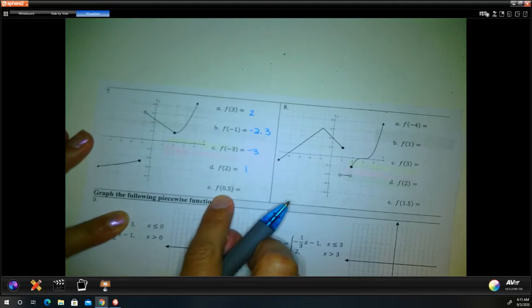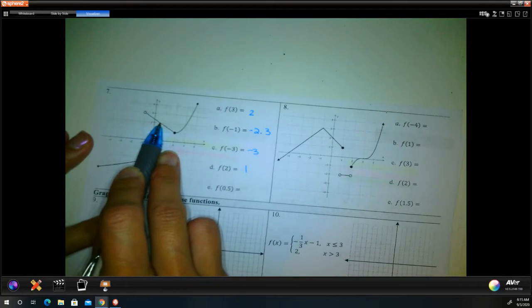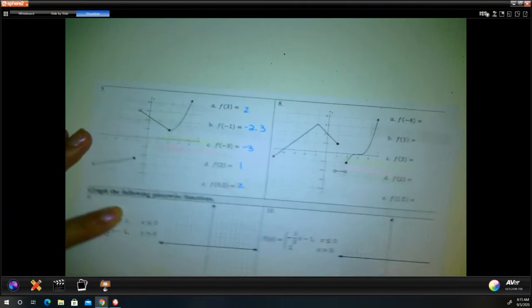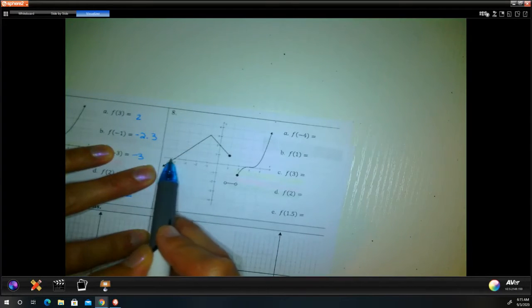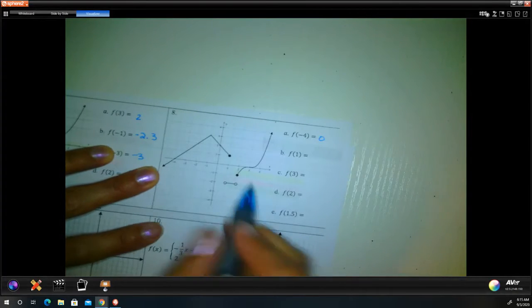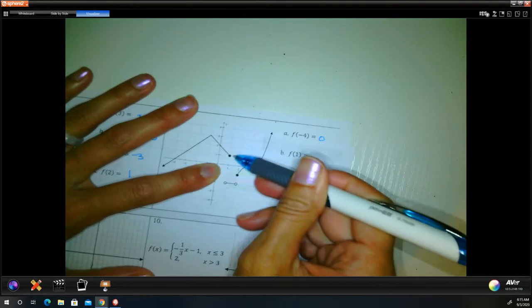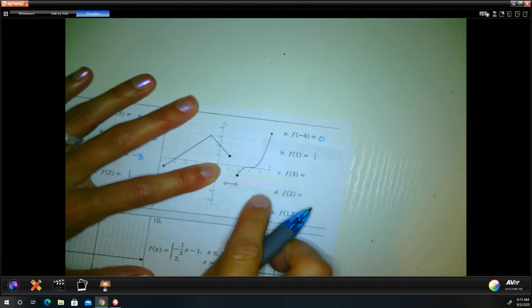F of 0.5. So I'm going to go halfway between 0 and 1 and find my line, and that brings me to 2. One more like this. So x of negative 4 is right here. The only point I see is actually on that x-axis, so the y there is 0. F of 1, I see 2 points, but this one's open, so I only want to use that, so that's 1.